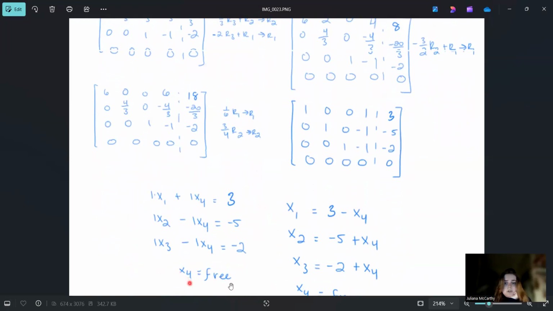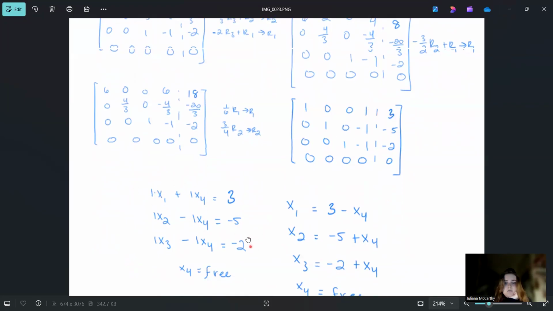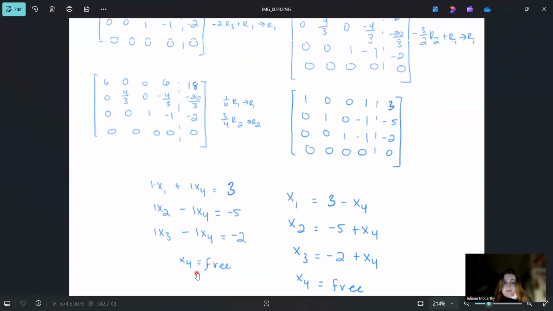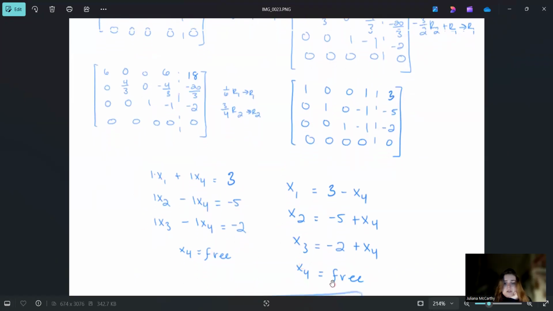We have x3 minus x4 equals -2, then x2 minus x4 equals -5, and 1 times x1 plus 1 times x4 equals 3, with x4 being free. We can solve all those to get our x1, x2, x3, x4.